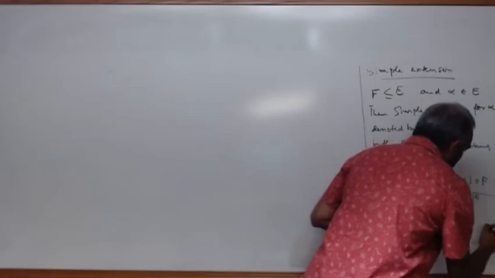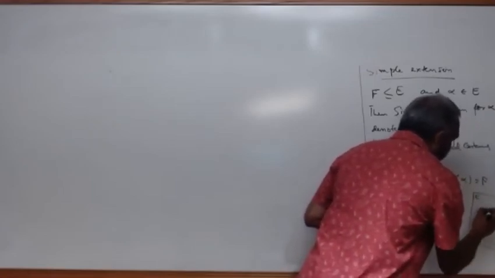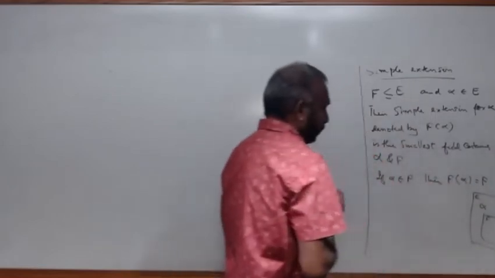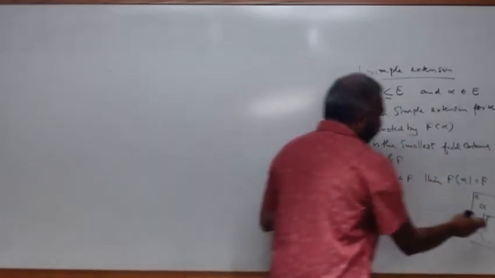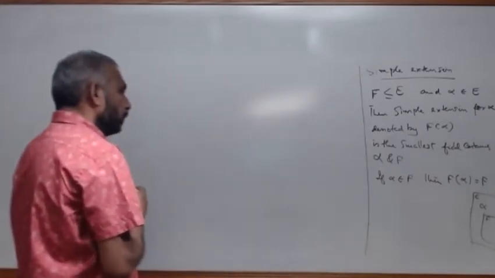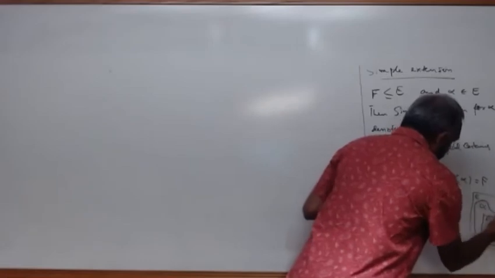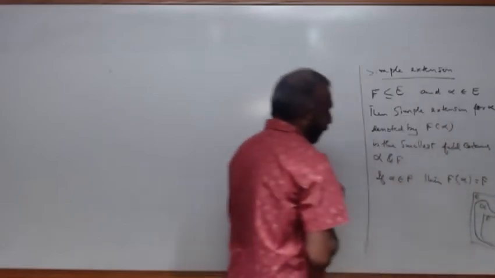This is E and this is F. Our alpha is somewhere here. If it's already in F, that is of no interest for us. So we are trying to find a field that contains F and alpha.